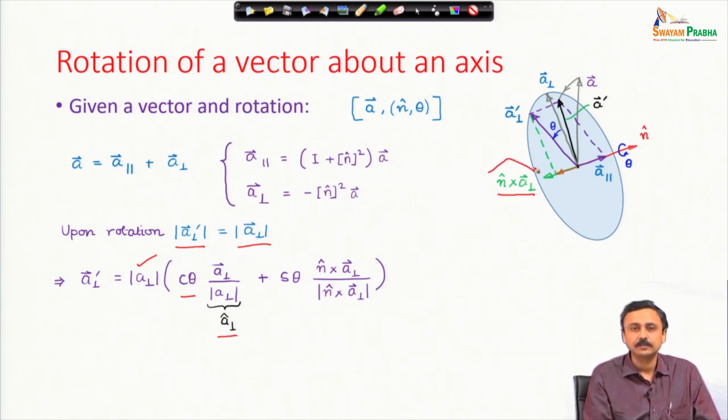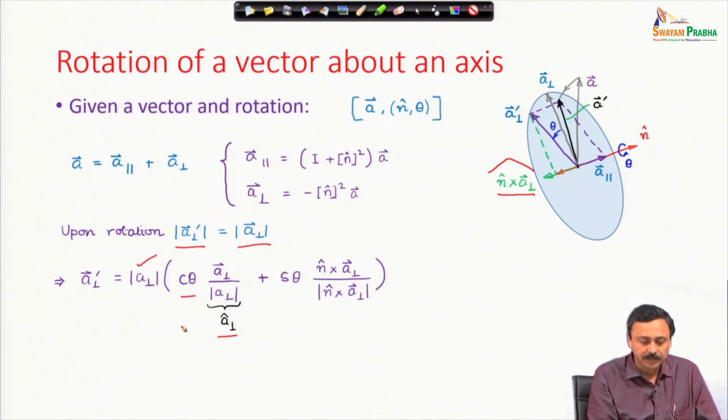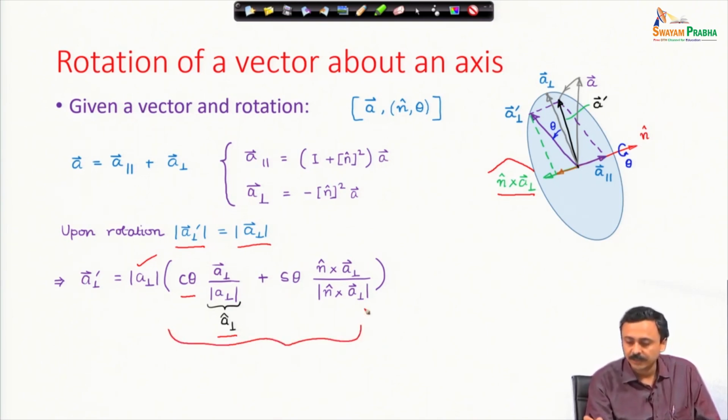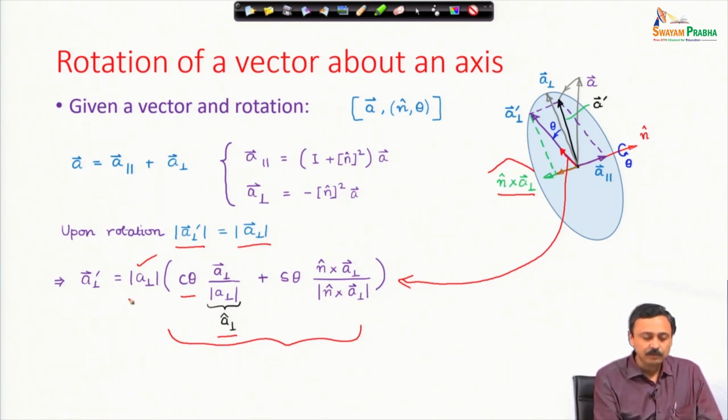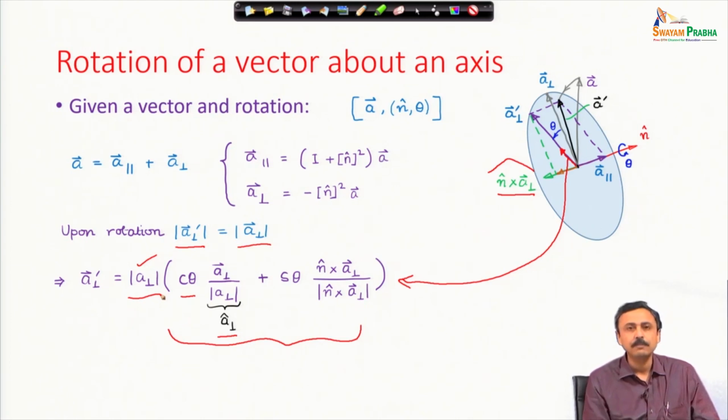How do I find that unit vector? The vector divided by its magnitude. This whole thing is a unit vector in this direction. This red unit vector that I have drawn is now this bracketed quantity, and when multiplied by the magnitude of A perpendicular, it will give me A perpendicular prime.